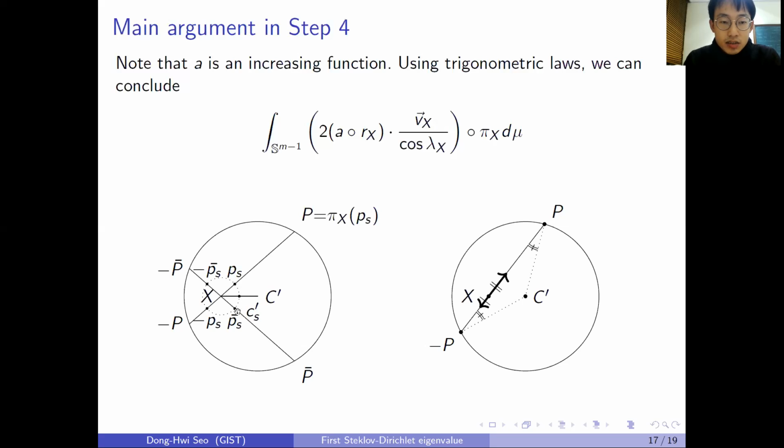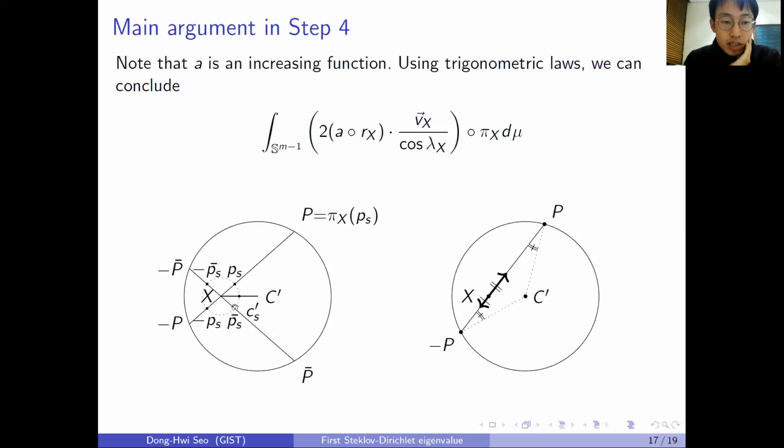And then we define small p sub s bar, which is a point in a plane spanned by small p sub s and small c sub s prime, and it is the symmetric point of p sub s with respect to the line passing through x and small c sub s prime.